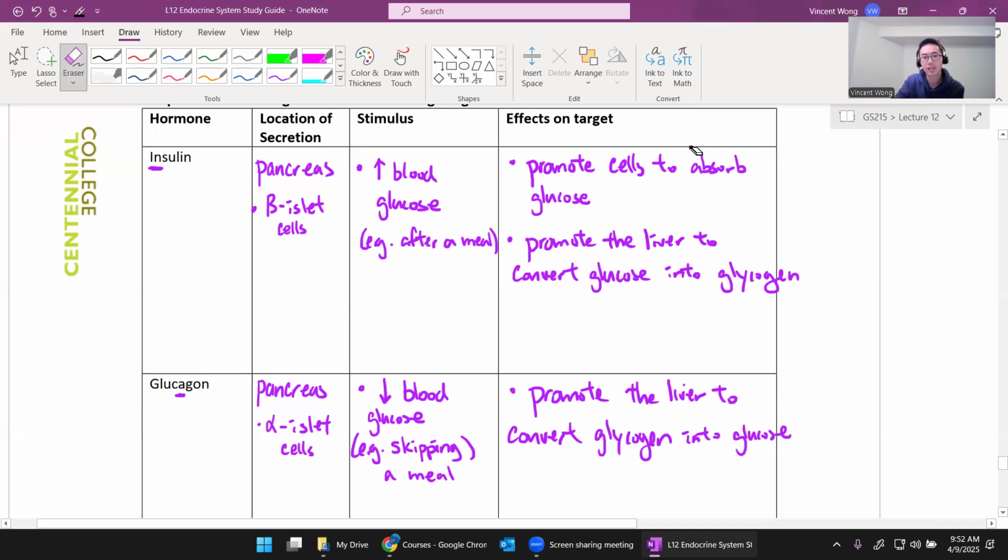You're not gonna tell the cells to cough back out the glucose, because the cells actually need the glucose to make ATP, right? So you can't take it from them, but you can take it from your liver reserve. Okay, that is that.